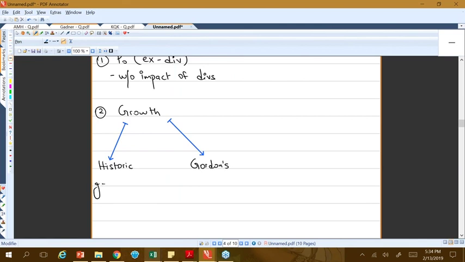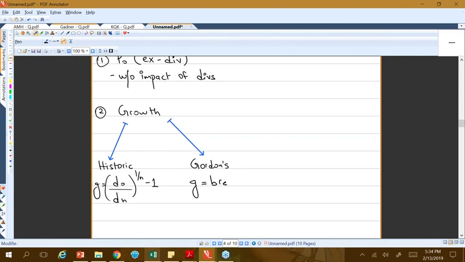The historic model is G equal to D naught over Dn, to the power of 1 by n, minus 1. So D naught over Dn to the power of 1 by n minus 1. And then you have the Gordon's model, which is G is equal to BRE.